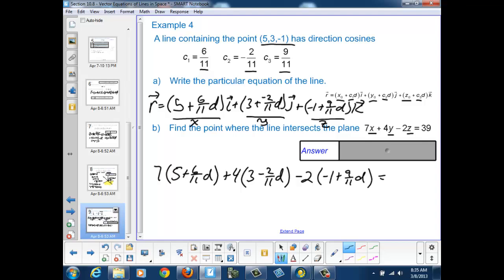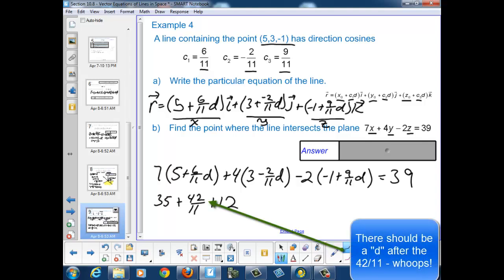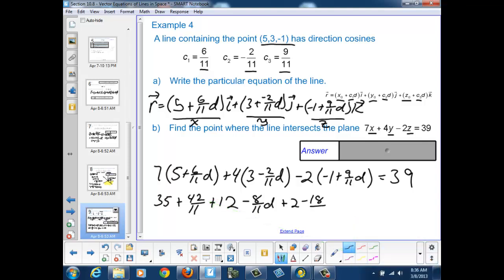And that's going to have to be equal to 39. So we can run some algebra here. 35 plus 42/11 d plus 12 minus 8/11 d plus 2 minus 18/11 d equals 39.